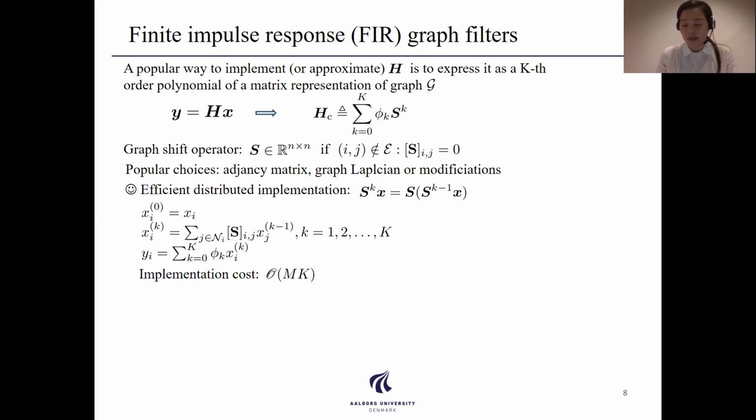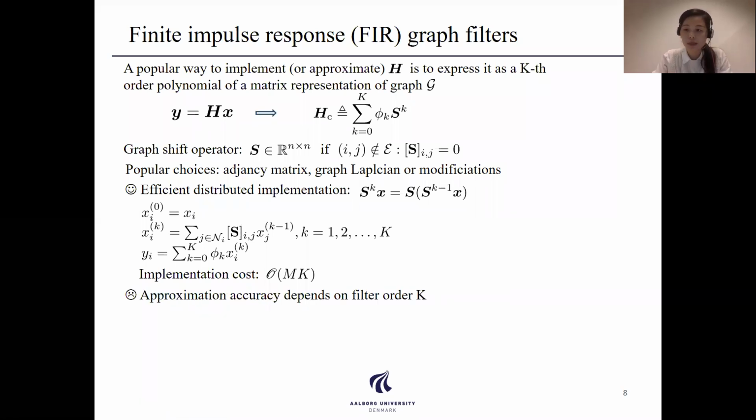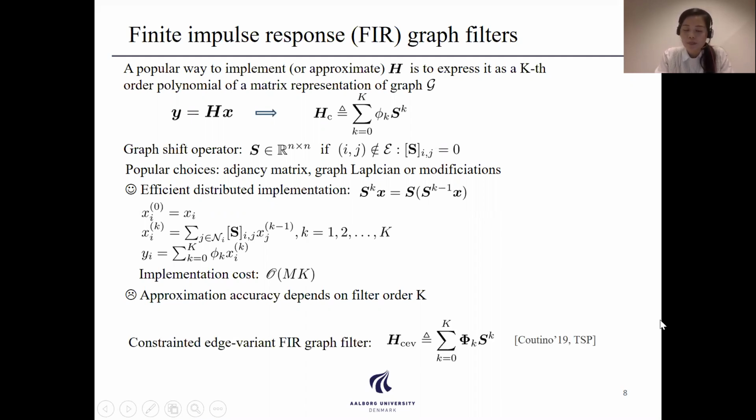It's m times k, and it is very easy to see that the approximation accuracy depends on the filter order k. If you want a higher accuracy, you need a bigger order k, but then the implementation cost is higher, right? In order to address this issue, we have the so-called constrained edge variant FIR graph filter.